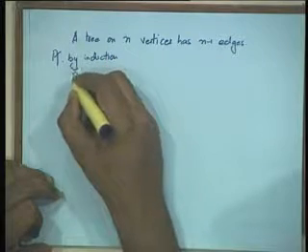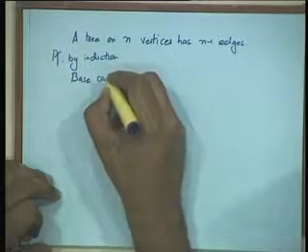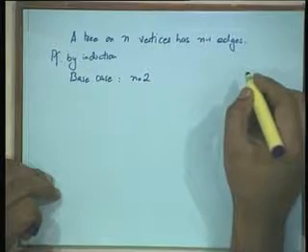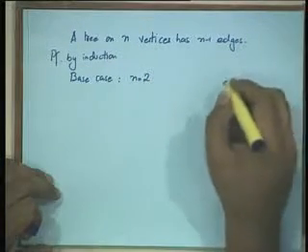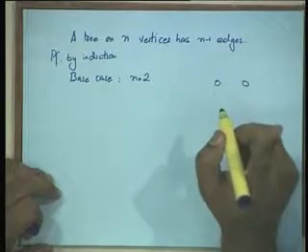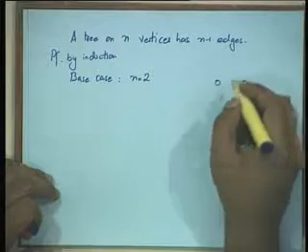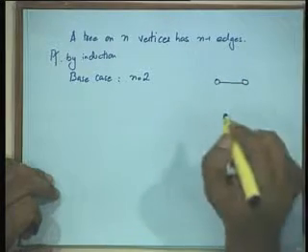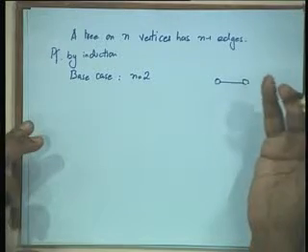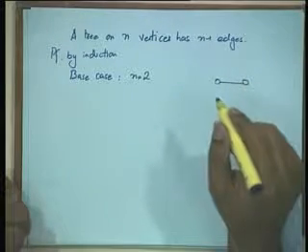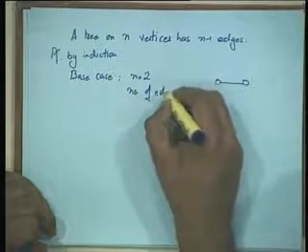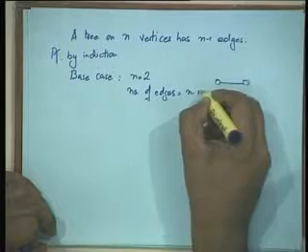So what should be the base case? Let's say n equals 2. Suppose I have a connected graph on 2 vertices. The first property is that it must be connected, so it must have this edge, and no other edge is possible in the graph, so there will be one edge, so the statement is true. So number of edges equals n minus 1 equals 1.